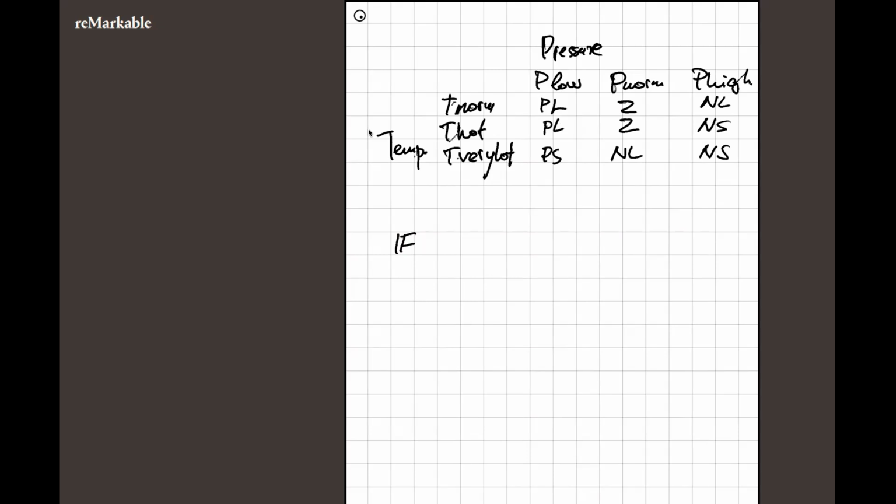If temperature is hot and pressure is high, then, so hot, high, and then rotate negative small.